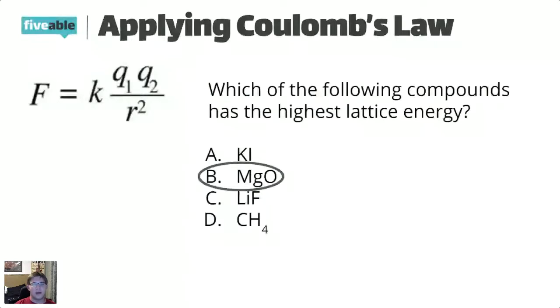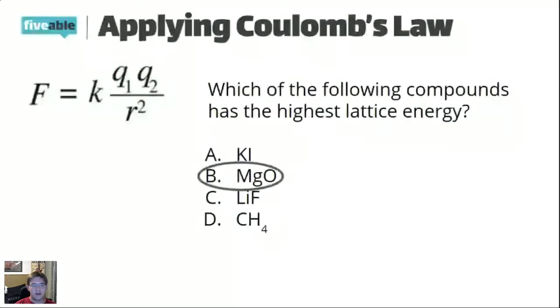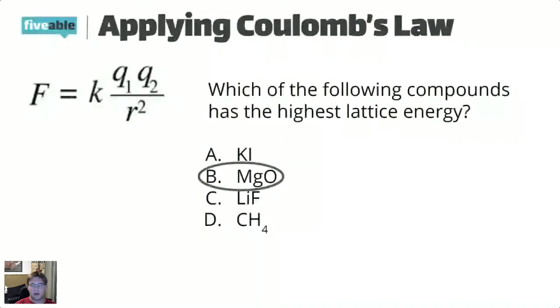However, magnesium oxide, if you look at magnesium and oxygen, oxygen isn't significantly bigger than fluorine, and magnesium is the same. They're bigger, however their 2+ and 2- charges are going to increase the lattice energy more than distance. So that's why magnesium oxide would be the correct answer.